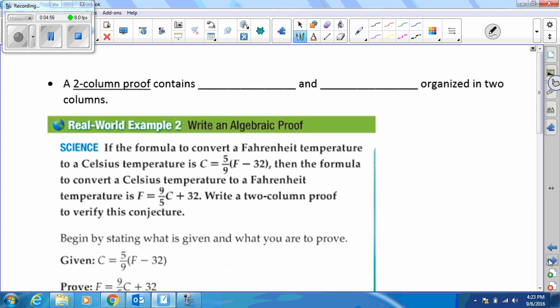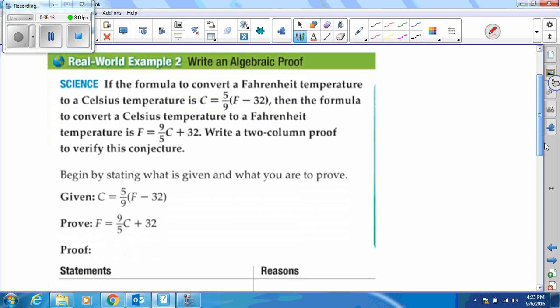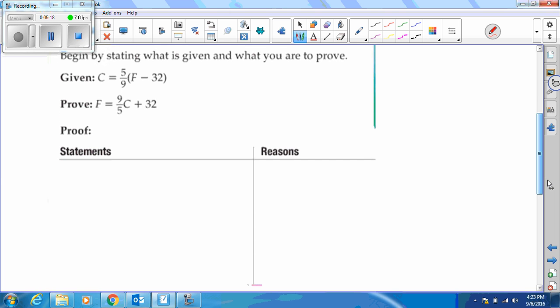Okay, now we're going to talk about two-column proofs. So a two-column proof contains statement and reason, and those are organized into two columns. Okay, so we're going to look at this two-column proof, and I'm going to show you how this is going to go.